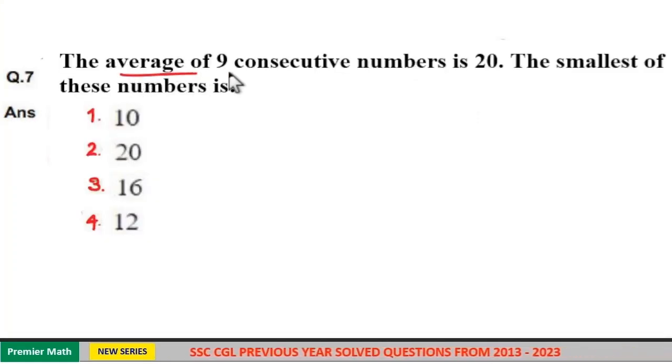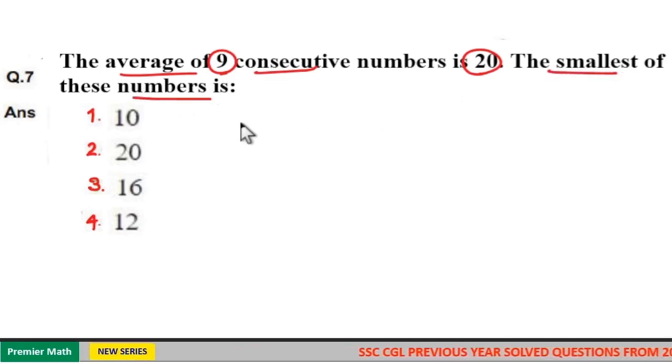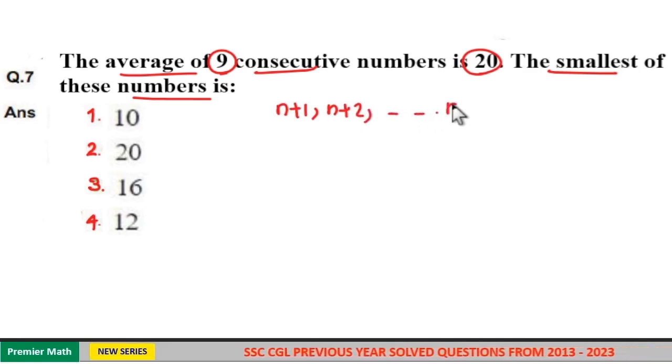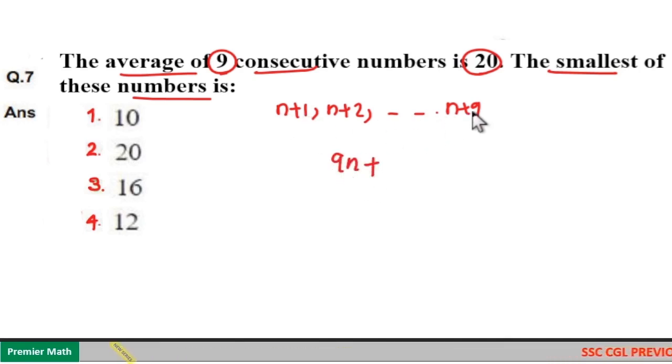The average of 9 consecutive numbers is 20. The smallest of these numbers is? Consider the 9 numbers are n plus 1, n plus 2, etc., up to n plus 9. Now, the sum of these numbers means total 9n plus the sum of 1 to 9, which is 9 into 8, 72, divided by 2, 36.